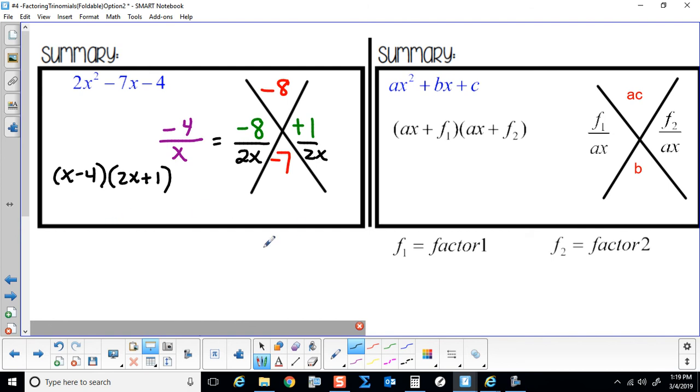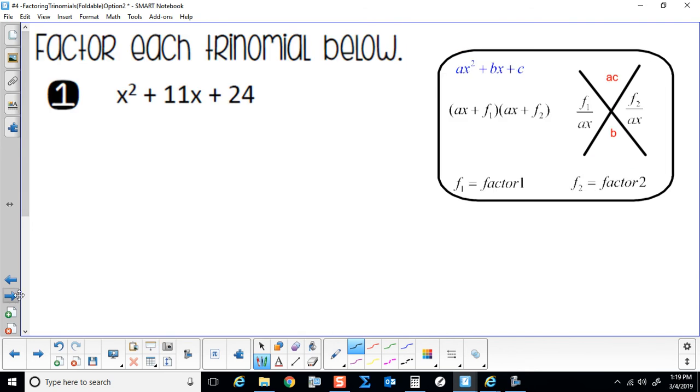Okay, so we'll be using the x method. Let's factor each trinomial. To begin with, let's start with an x. Then we take a times c. 1 times 24 is 24. And then we write b, which is 11. What two factors of 24 multiply to give me 24 and add to give me 11?